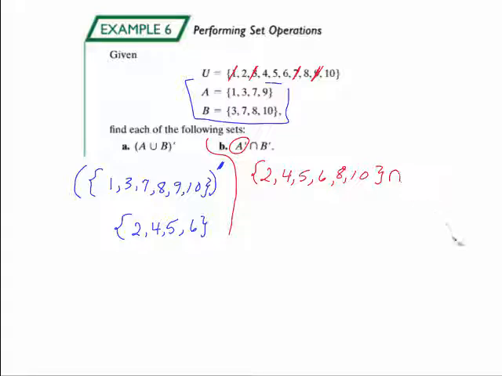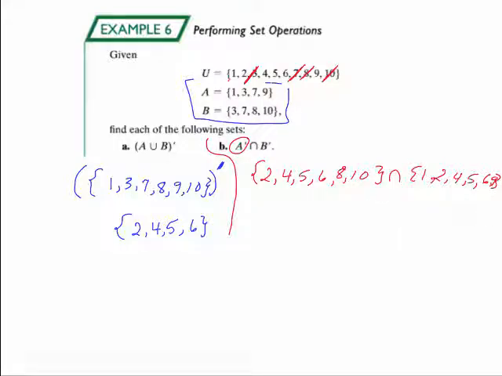And I'm going to intersect that with, over here, let's erase this, I need B not. So B is 3, 7, 8, 10. Get rid of 3, 7, 8, 10. And what's left there is 1, 2, 4, 5, 6, 9.